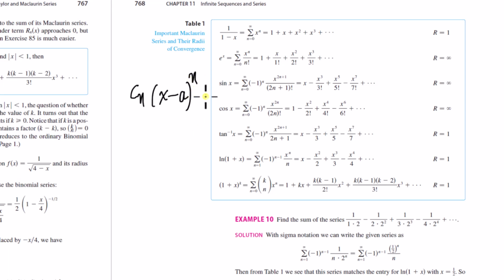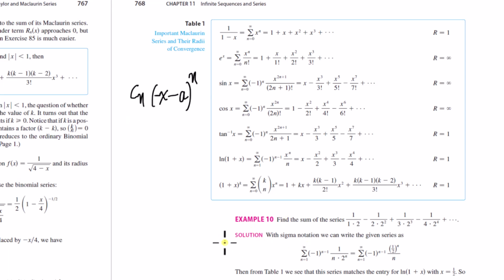Every single term has to be of a form like this. Like you couldn't have minus x. I mean, you could have minus x, because you could do some algebra to simplify it and put it into this form. But no matter what, you have to be able to put every single term into a form exactly like this. If you have any term that's not like this, then it's not a power series.